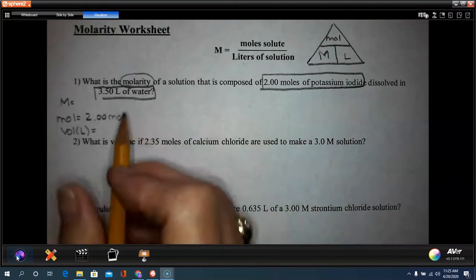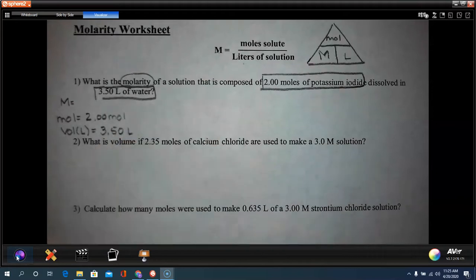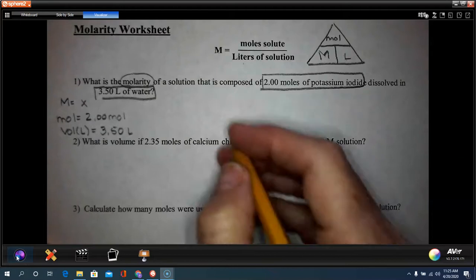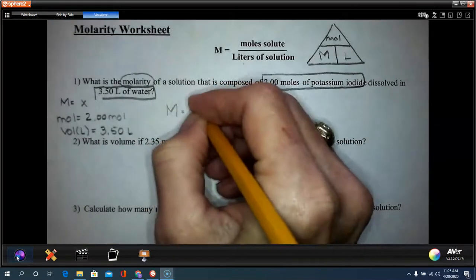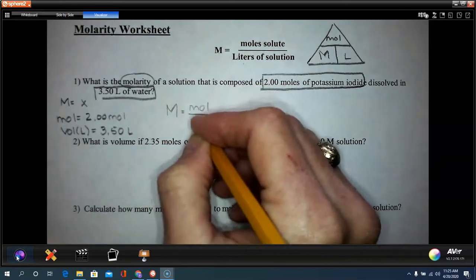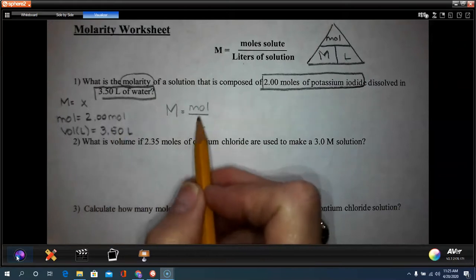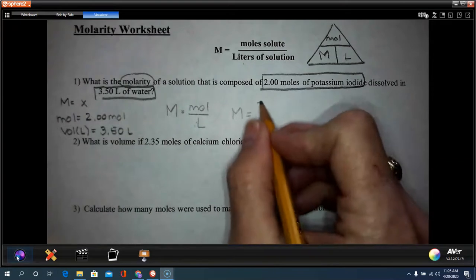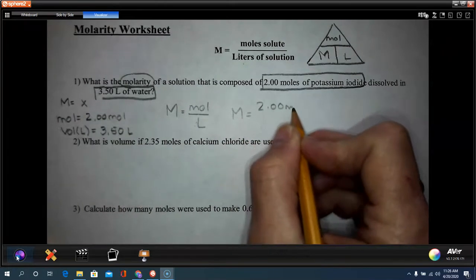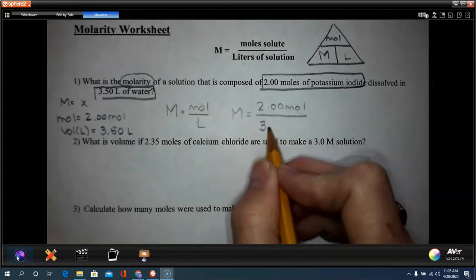I have 3.5 liters of water, so I put 3.50 liters right here. And molarity is what I'm looking for, so I can use an X for that. I rewrite the formula, which is molarity is moles divided by liters. And then I'm going to substitute in these numbers for the variables in my problem. Molarity is 2 moles divided by 3.5 liters.